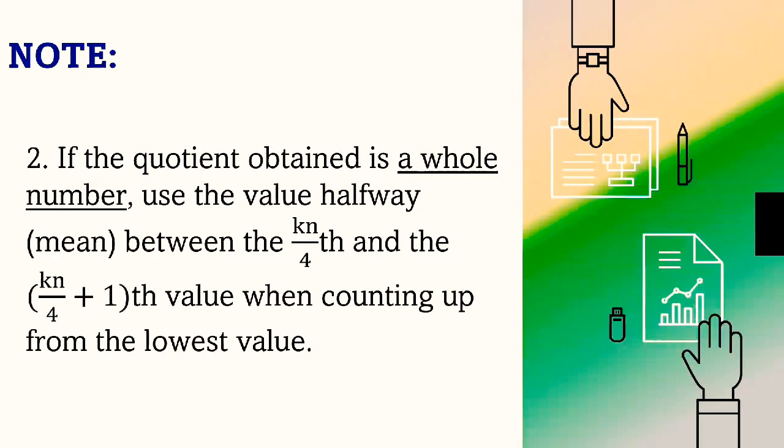And also, if the quotient obtained is a whole number, use the halfway between the position of kn over 4 and kn over 4 plus 1 value when counting up from the lowest value.